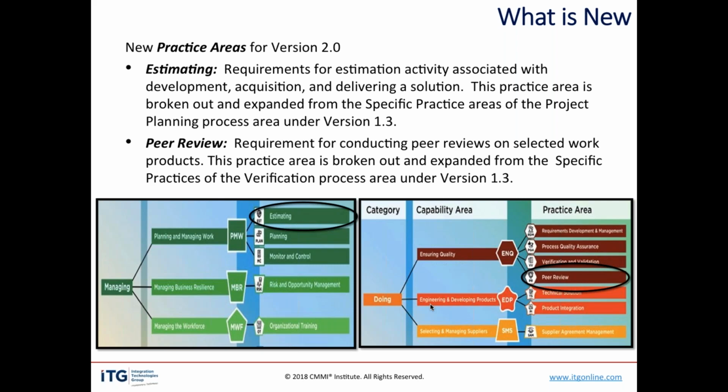It's a little more robust, with specific requirements on how we do estimation, establishing the rationale, strategy, and approach that we want groups to use, whether a project or an organizational group, to estimate for budgeting, cost, work, level of effort, those types of things.